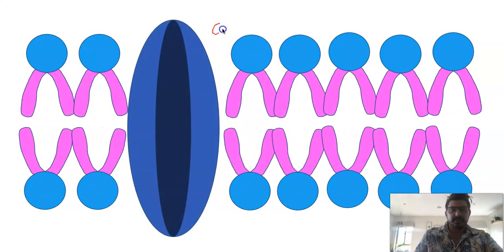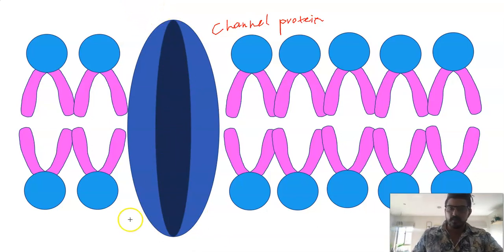So the channel protein spans the entire length of the bilayer, and its role is, as it suggests, to offer a channel through the bilayer from the internal environment to the external, or the external to the internal, depending on the direction of flow.